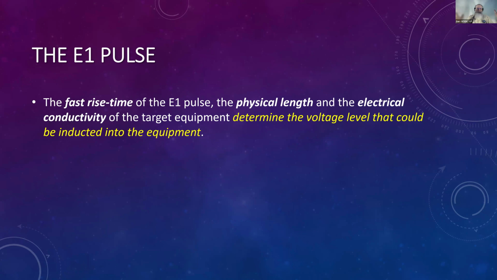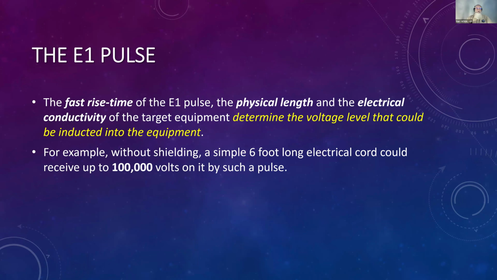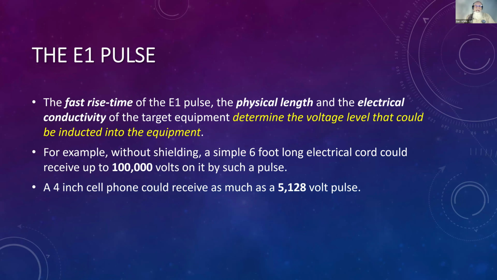And as we all know, with inductors and capacitors, electricity can be induced into a circuit, right? You don't have to have a battery directly connected to wires. It can be induced from currents. And so the same thing happens with the E1 pulse. We have to determine what voltage level is there. For example, again, without shielding, a simple 6-foot electrical cord could receive 100,000 volts.